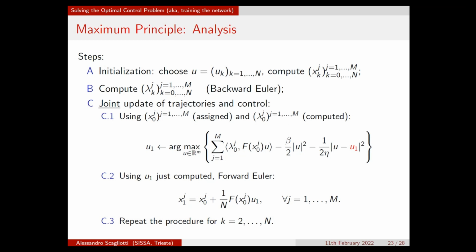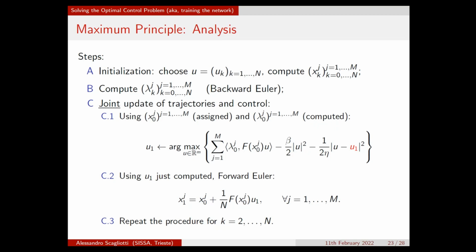This discretization is intrinsically robust. Yes, it controls the control, somehow. Exactly. Great, thank you.